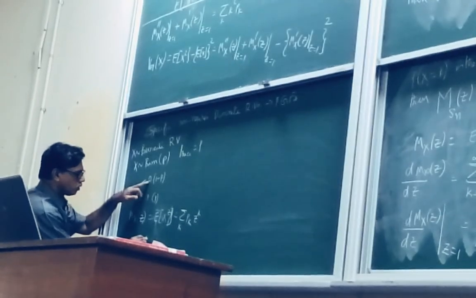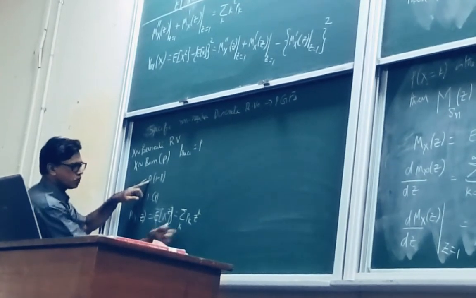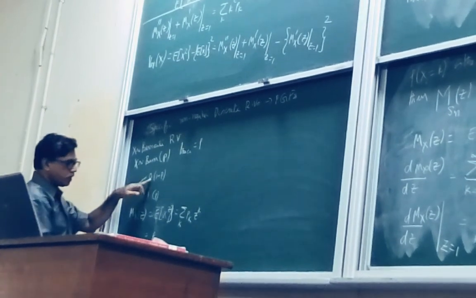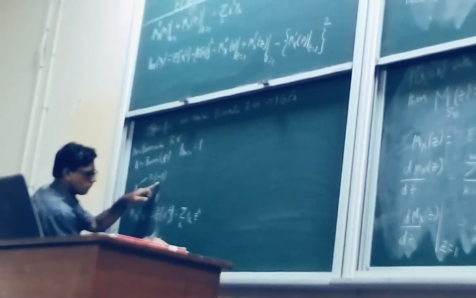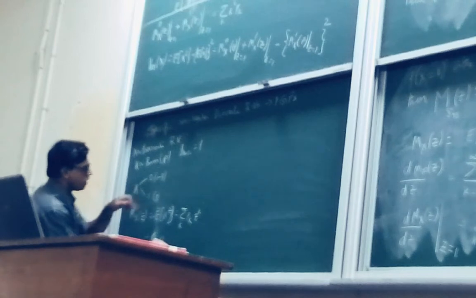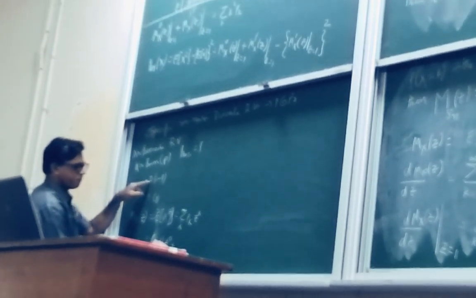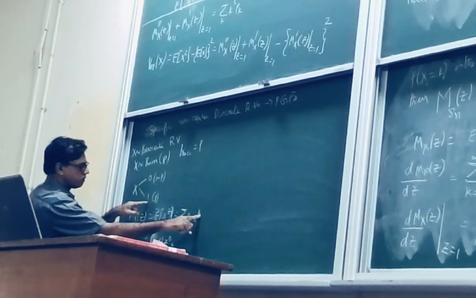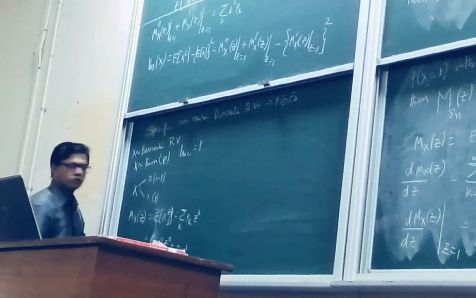So k can be 0, and then the probability is 1 minus p, with z power 0. When k takes the value 1, the probability is p, into z power 1.